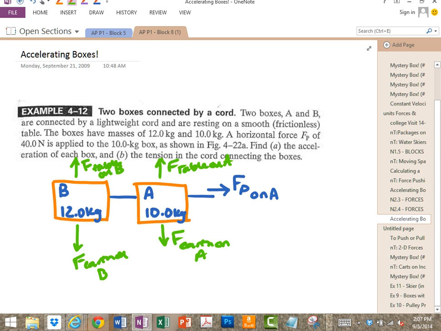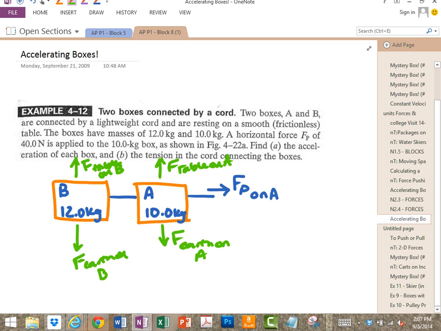So this is where it all comes down. Is FP acting on B? Not directly. They're not in contact. And remember, we haven't actually talked about this yet this year. I probably should have. There are four fundamental forces, right?